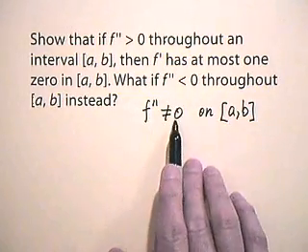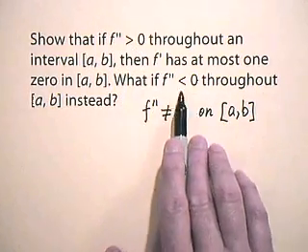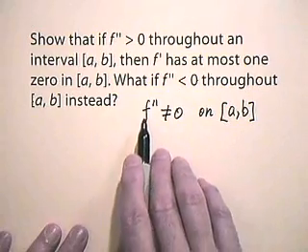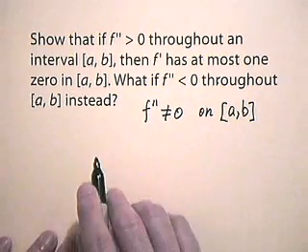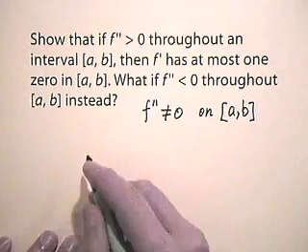So in fact, this assumption tells us that either it's positive throughout the interval or it's negative throughout the interval. So consequently, given that it's non-zero throughout the interval, suppose f prime has two zeros.